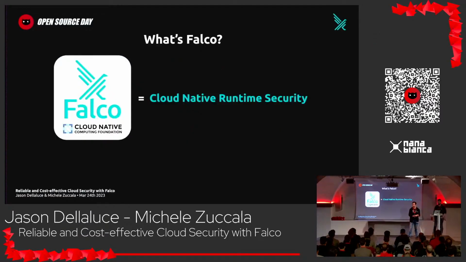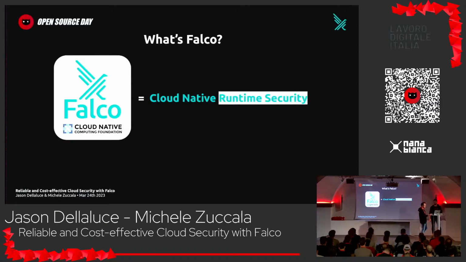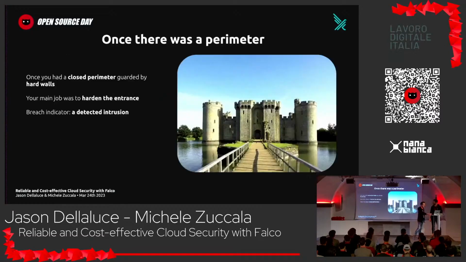Falco in 4 words is Cloud Native Runtime Security, and today we'll probably focus most on the last 2 words of the sentence. If you think about the previous generation of IT before the Cloud Native environment, the most well-known concept for creating an IT ecosystem was the data center.